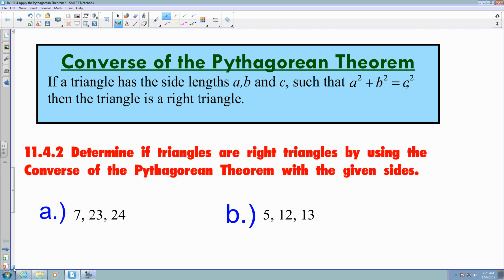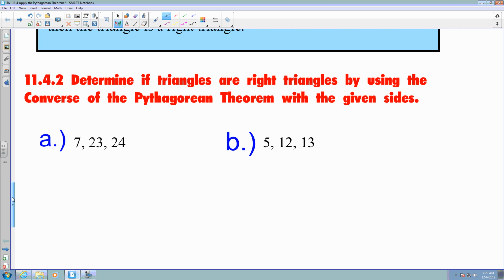So what that means is in these examples, you're going to be given 3 measurements, and we have to figure out whether those 3 lengths can make up a right triangle. We can do that by using the Pythagorean theorem.